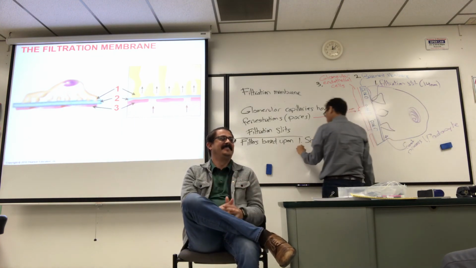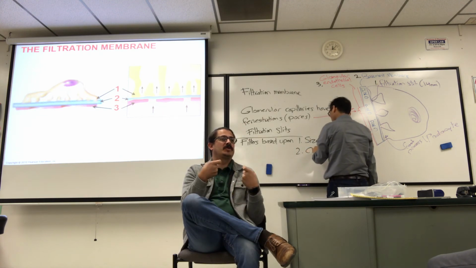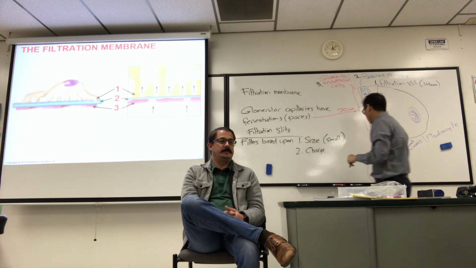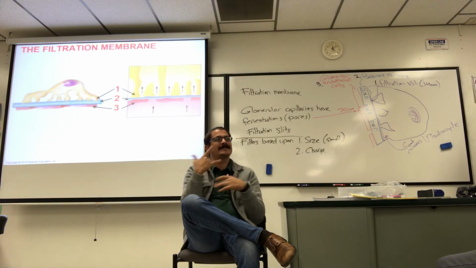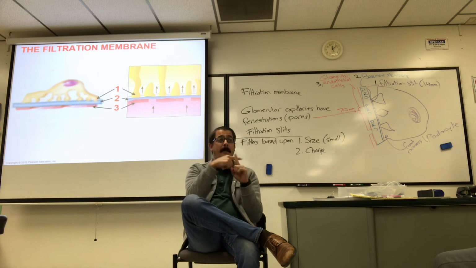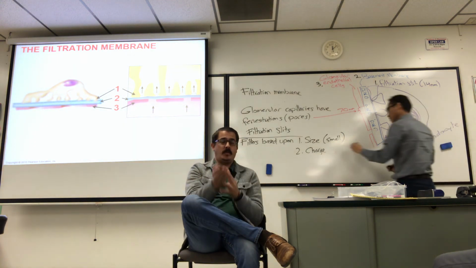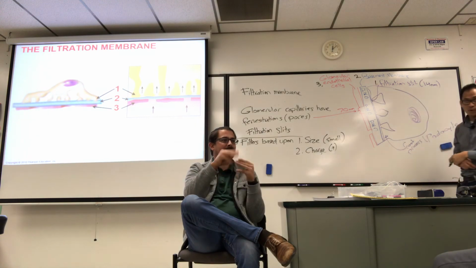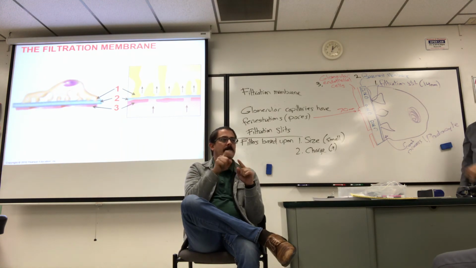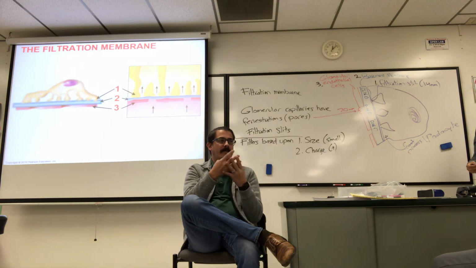And also charge. Because the basement membrane, proteins tend to have a negative charge, it favors things that are small and positively charged. Favors positive. However, there are negative molecules that do make it through, but that's the basic idea of how it's going to filter things.